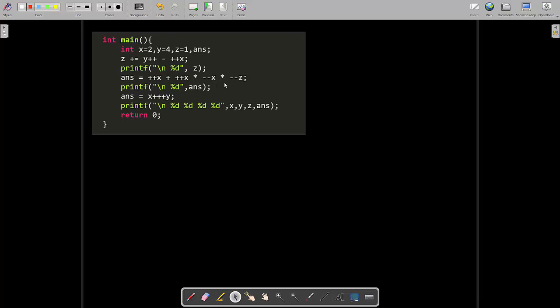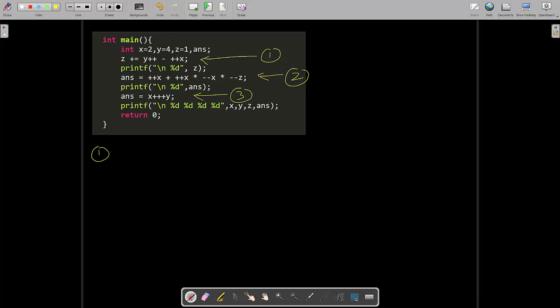So let us start with the first one. We have to evaluate this expression, then this expression, and then this one. Let us start with the first one.